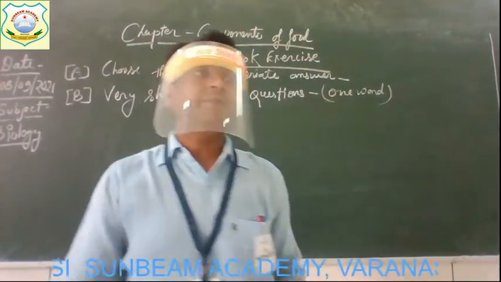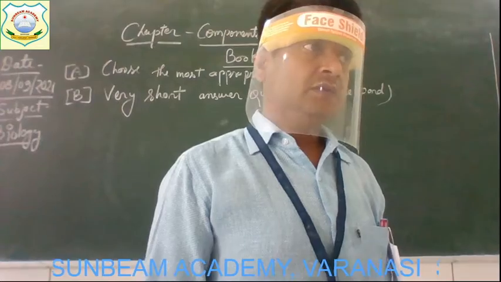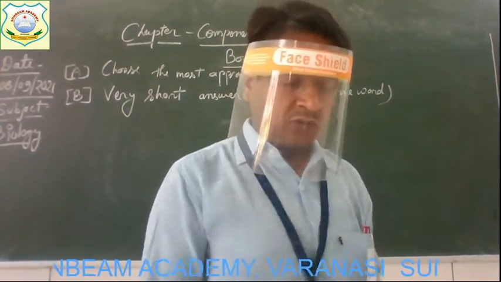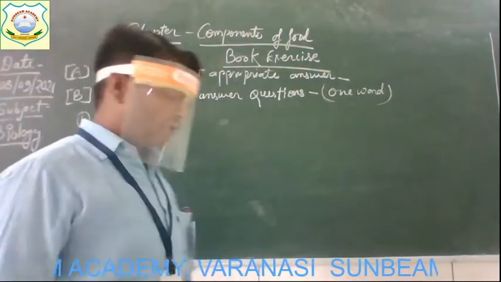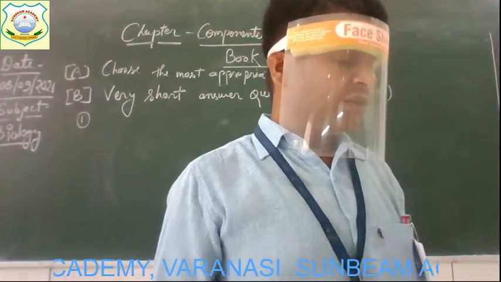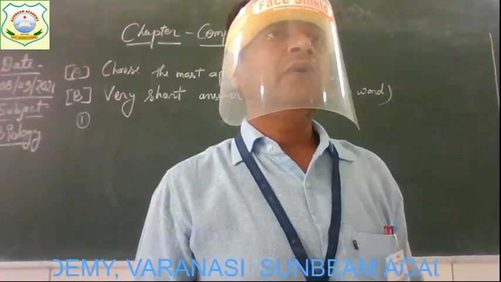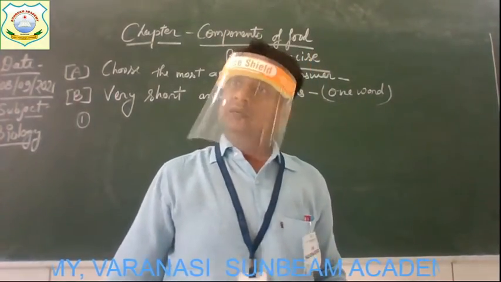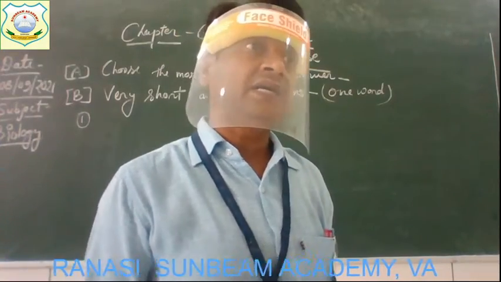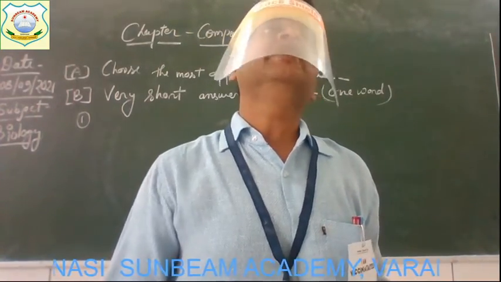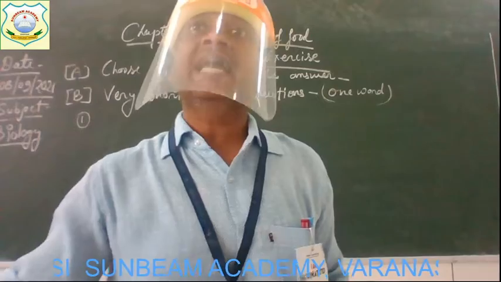The answer will be in just one word. Get it? Now come to the first question, number 1. The question is, lack of nutrients leads to diseases. So you have to name which kind of diseases will occur due to the lack of nutrients. Children, here it's given lack of nutrients.